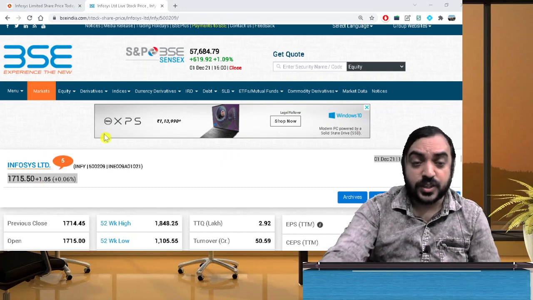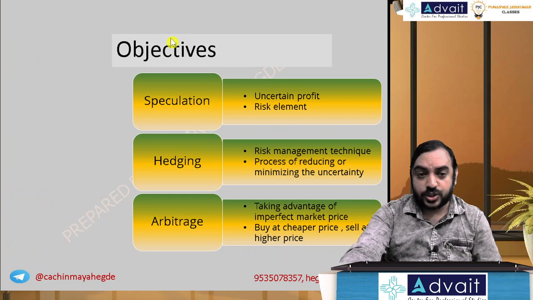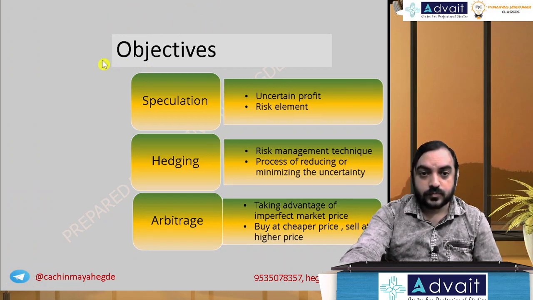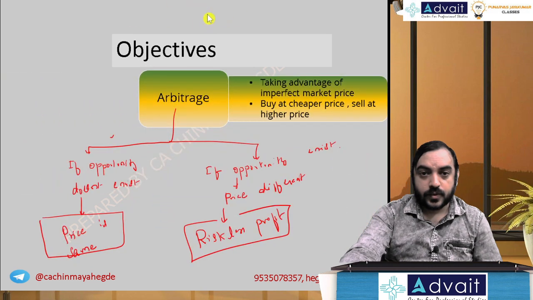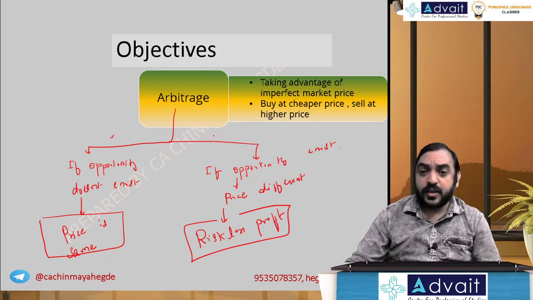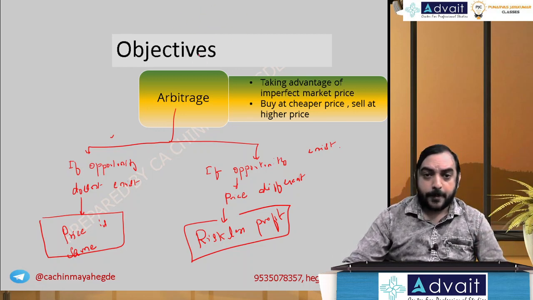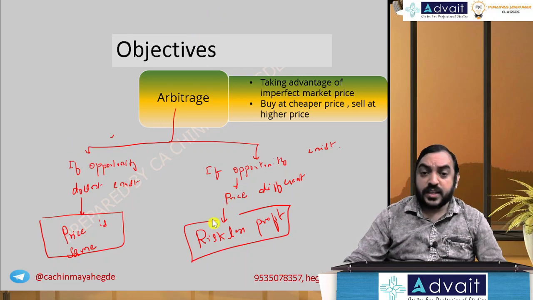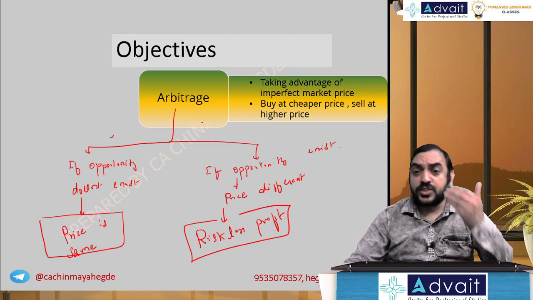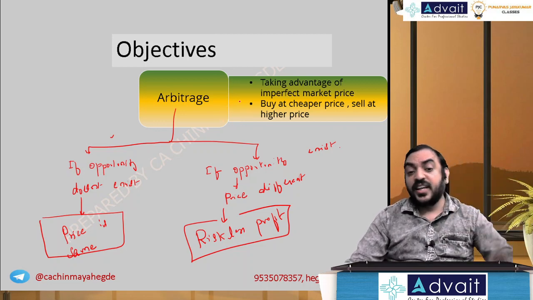So, what are the terms we associate with arbitrage? We can use the word riskless profits, or we can use the word certain profit, or we can use the word guaranteed profit.